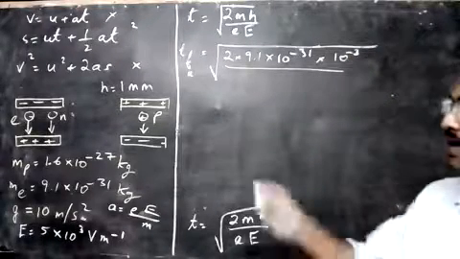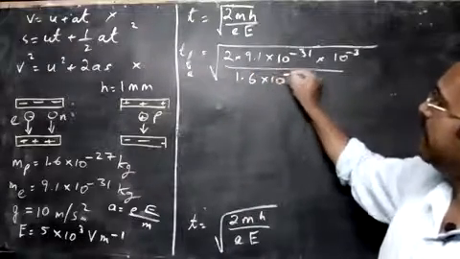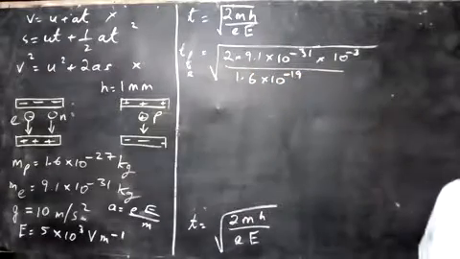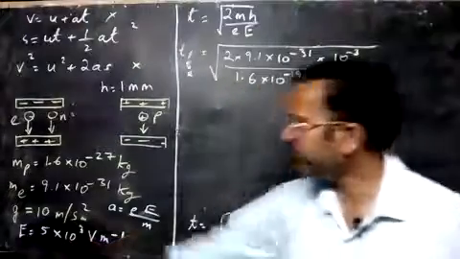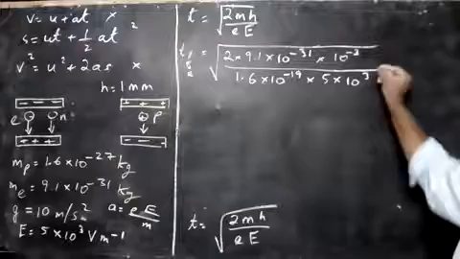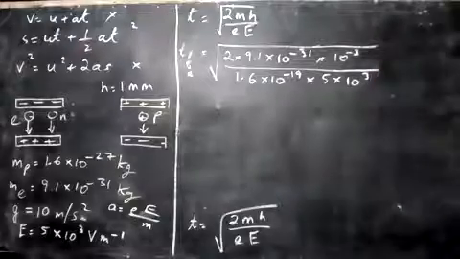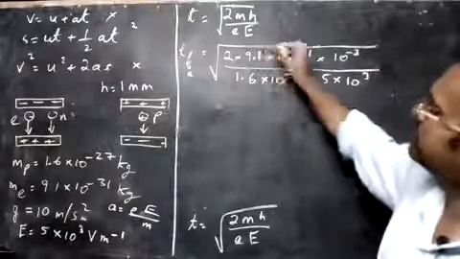This is not given, but we must know it is 1.6 into 10 power minus 19 coulombs. This charge of an electron into the electric field, which we found now as 5 into 10 power 3. Now we just need to simplify this.